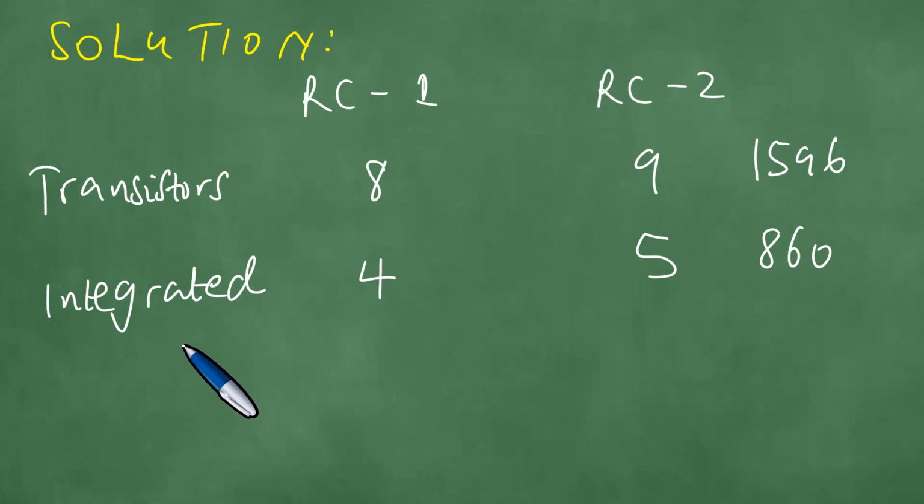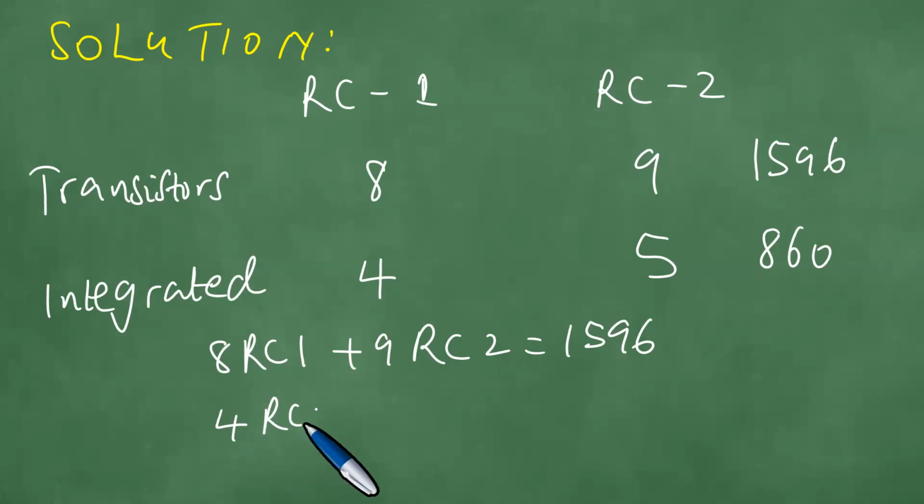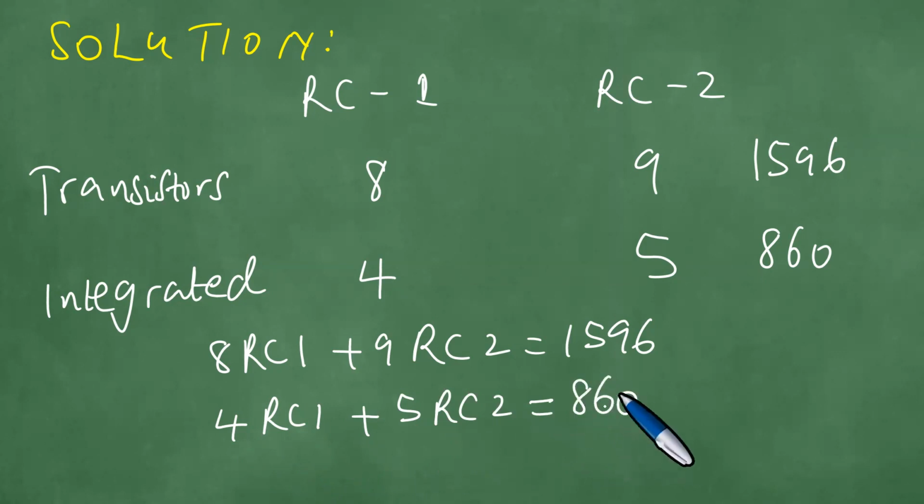Right, it means a couple of things here. So you can write these and say, for instance, 8RC1 plus 9RC2 equals 1596. 4RC1 plus 5RC2 equals 860.